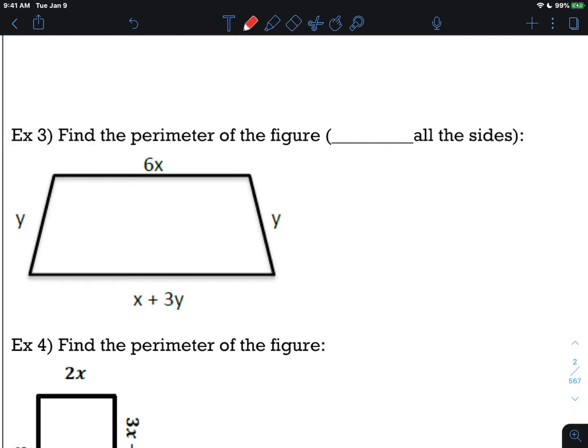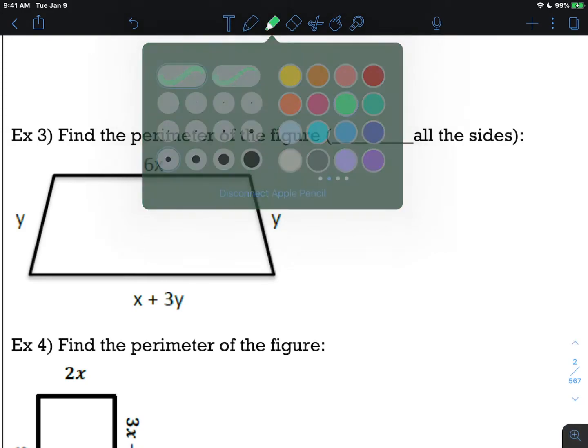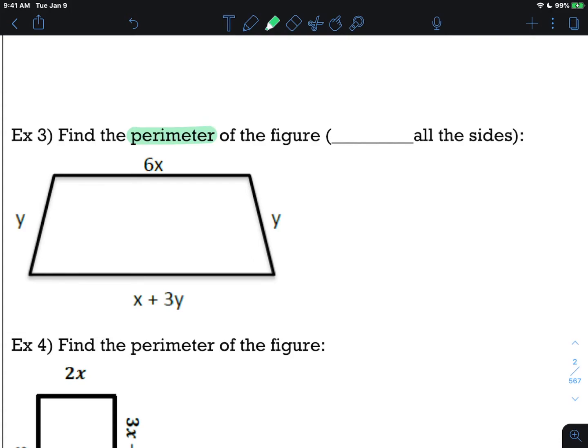So let's take example number 3. Here they're asking us to find the perimeter of the figure. Well, let me think back for a second. Perimeter means adding up all the sides.